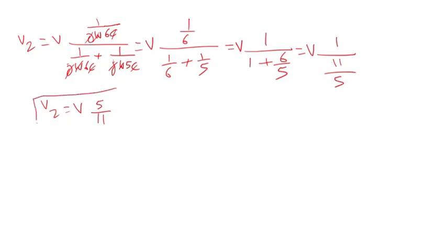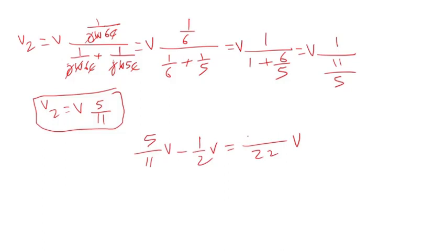And remember, I started with 1/2 of V. So if I do 5/11 V minus 1/2 V, I get 10 minus 11 over 22, so it's minus 4.54%.